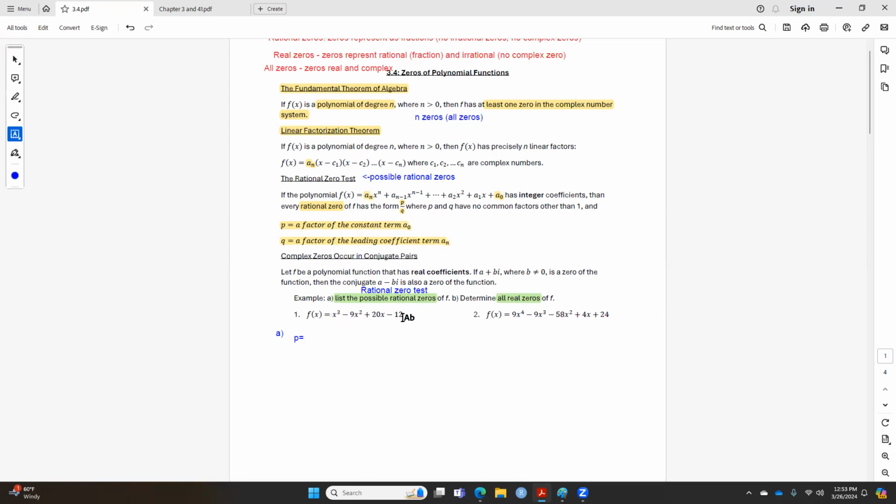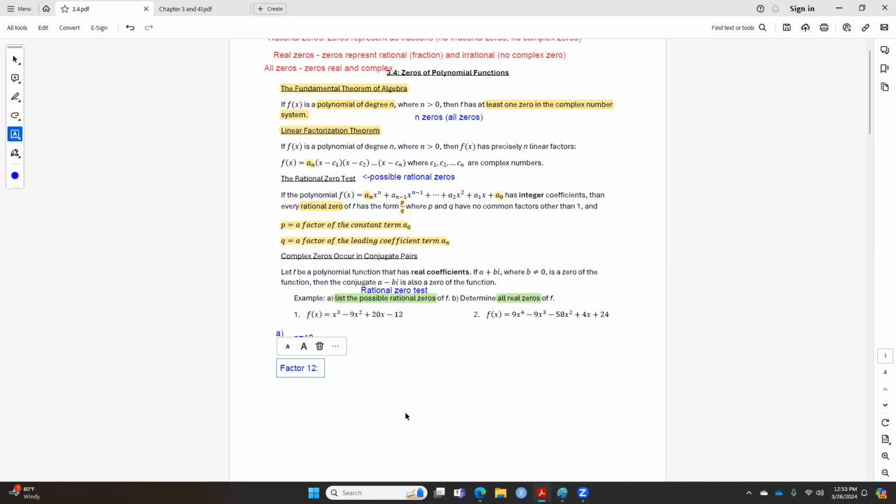The constant term in this case is 12. Now, we don't care about the negative sign. I will tell you why. If you have a negative or positive sign in front of the number or the coefficient, we don't really care about it. What we need to do is give all the factors of 12.